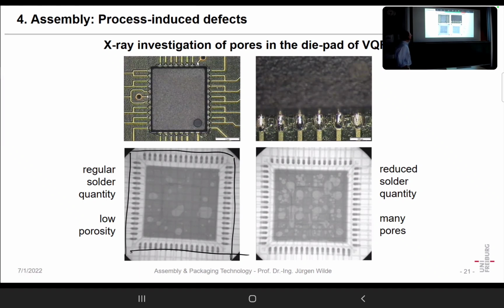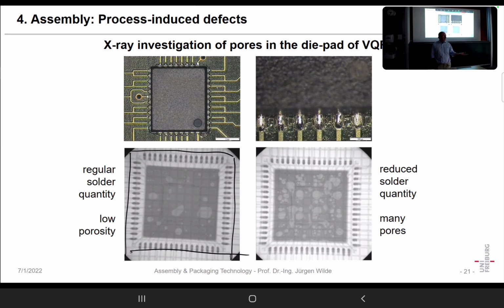It can be done better. On the other hand, normally we do not accept more than 20% of porosity or pore area in that layer. But here to the right, we can clearly see there is too much porosity, and that will clearly pose a thermal problem for the device.